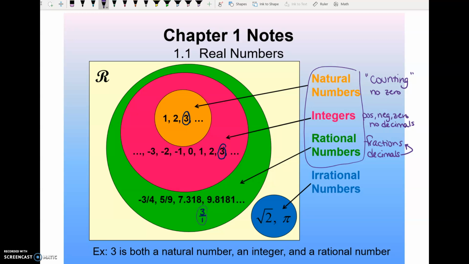If something is an integer, like -2, -2 is also a rational number. 0 is an integer. It is also a rational number. If something is a rational number, it may not be the others, but I want you to think of this as a bullseye, and if it's in the inner circle, it's also going to be labeled with the things of the other circles.